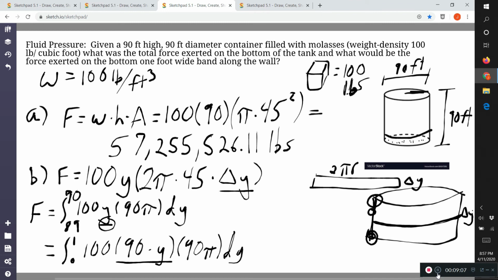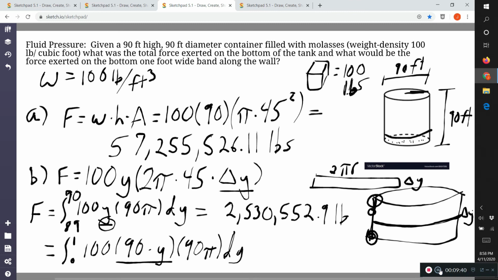And when you do either of these integrals, you get 2,530,552.9 pounds. So all this force being exerted on the bottom of the tank ended up making the tank explode, hence causing the engineering failure.